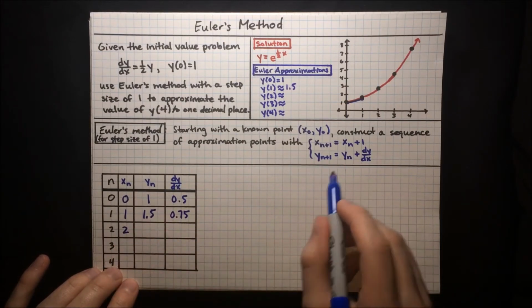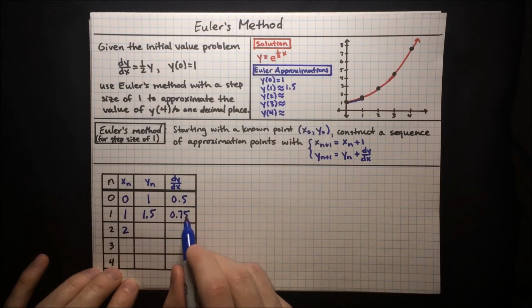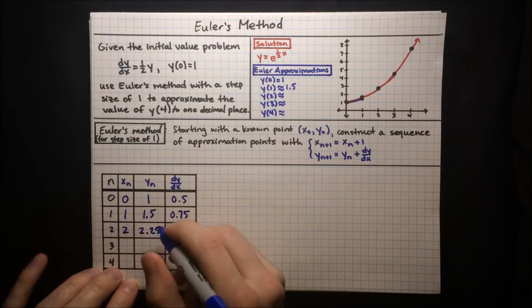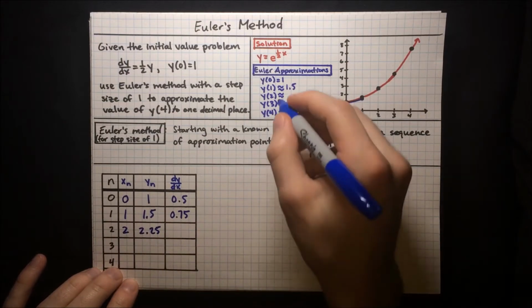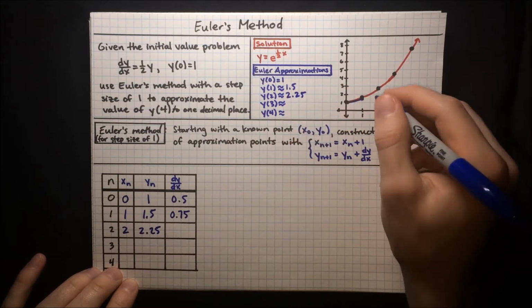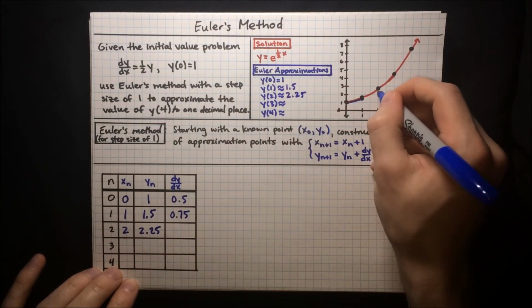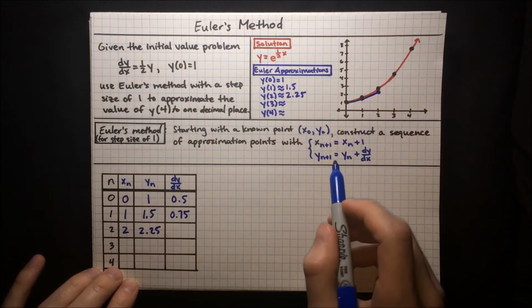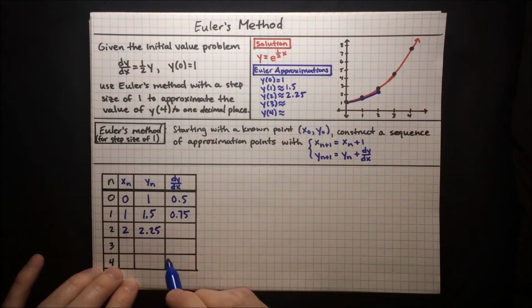And then y increases by dy/dx, so 1.5 plus 0.75, well that's just 2.25. So that's our approximation for y of 2. y of 2 is roughly 2.25, and let's plot that on our graph. So 2.25 is right about here. Alright. And now let's continue forward.